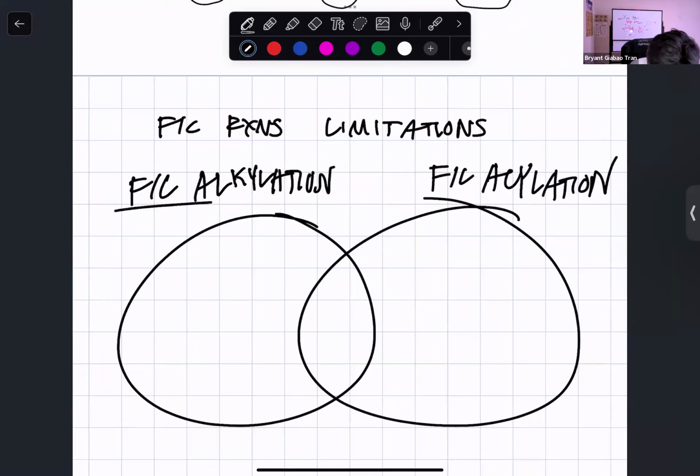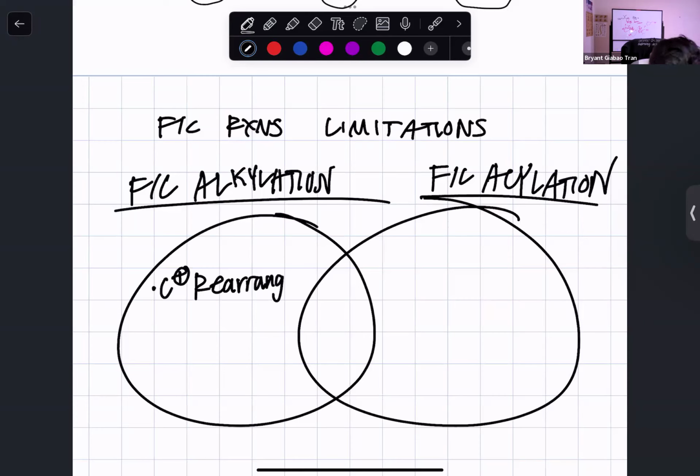The limitations for alkylation here is that there's going to be a carbocation rearrangement. That's the biggest one, like a hydride shift, methyl shift, and there's a chance of polysubstitution.